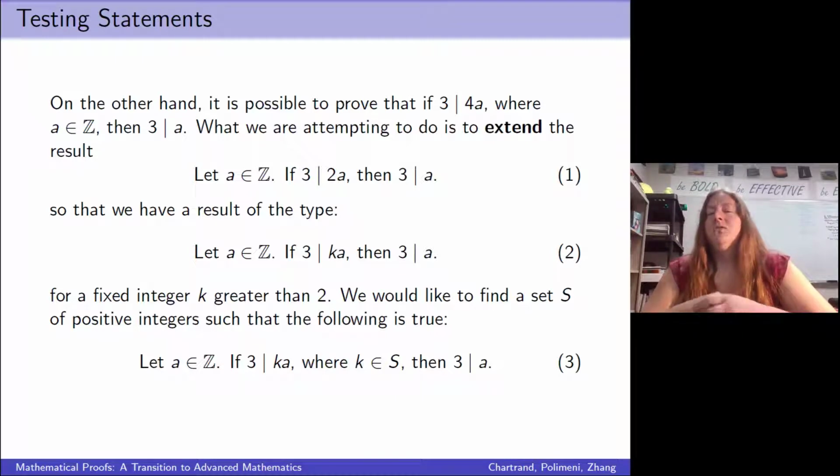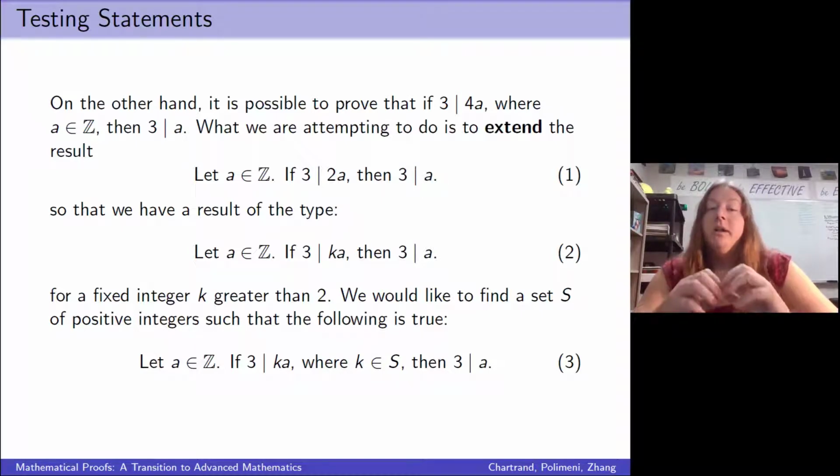So I'm trying to extend this result. I'm trying to generalize it even more than what we had. So I'm trying to rewrite it basically. If A is an integer, then if 3 divides k times A, then 3 divides A. I want to know what values of k this is true for.